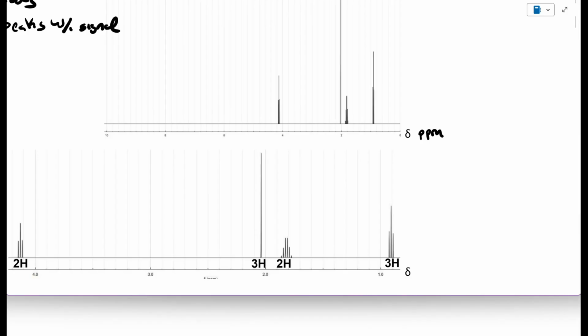The amount of energy that a nucleus needs to flip the spin is dependent on 2 things. We previously talked about how it's dependent on the amount of electron density around the nucleus, the amount of shielding, but it's also dependent on the magnet strength that you're using. NMRs come in different magnet strengths, and they're usually measured in hundreds of megahertz. The instrument that we have at Xavier University is a 300 megahertz instrument.